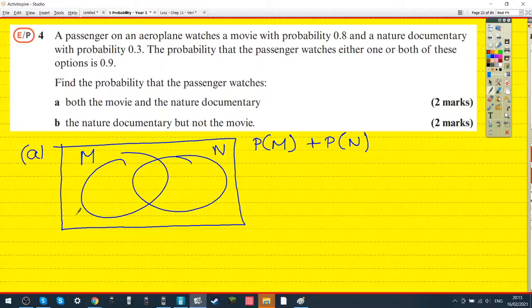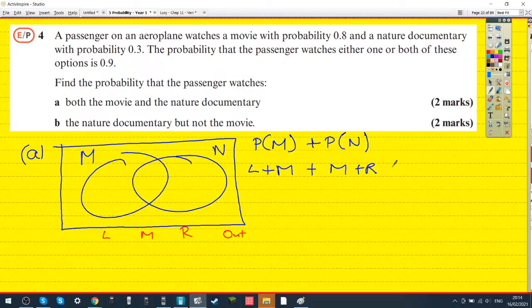If the regions are, let's say, left, middle, right, and outside. What regions are in M? You have the middle and M. So the M has the middle. What else? The left. Yeah, so that's the left plus the middle. How about N? Middle plus right.